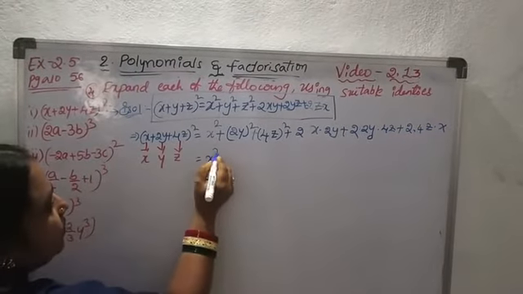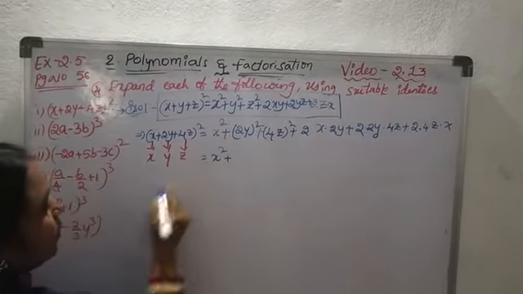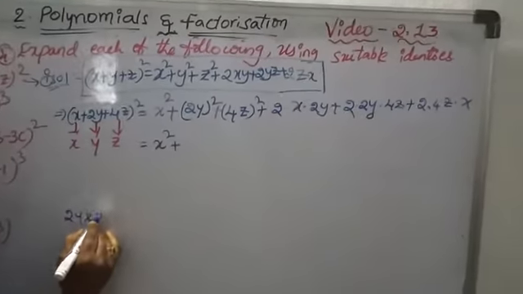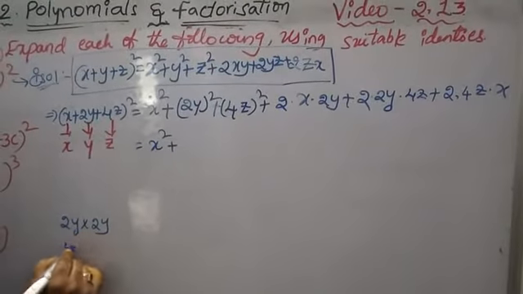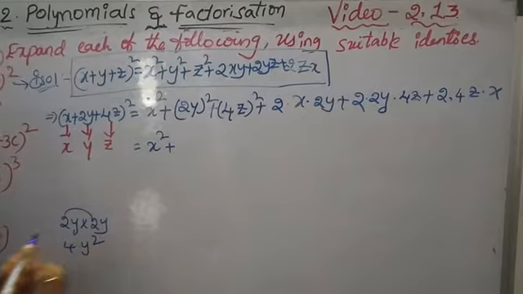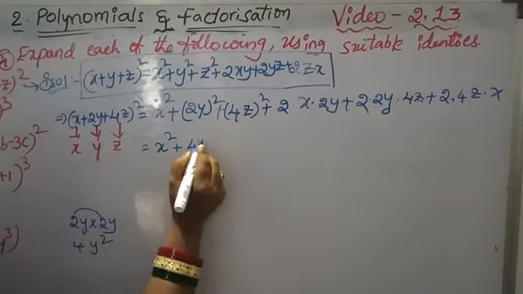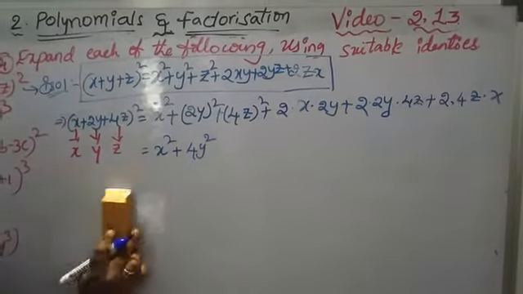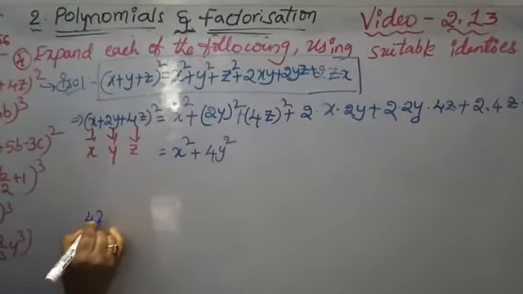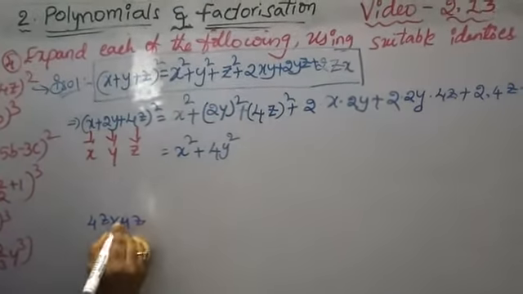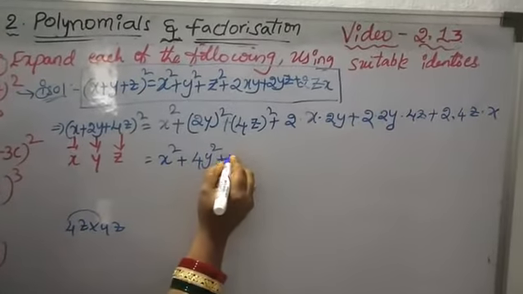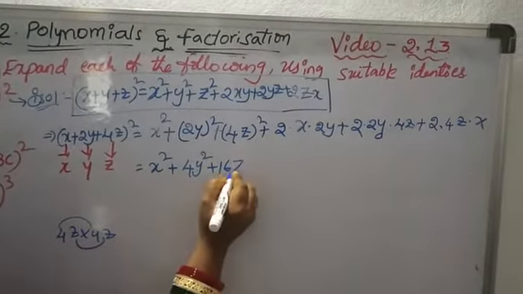Now x square plus 2y whole square. 2y whole square means 2y into 2y, 2 2s are 4, y into y is y square. So in the place of 2y whole square we get 4y square, and plus 4z square. 4z square means it is multiplied twice, 4z into 4z, 4 4s are 16, z into z is z square.